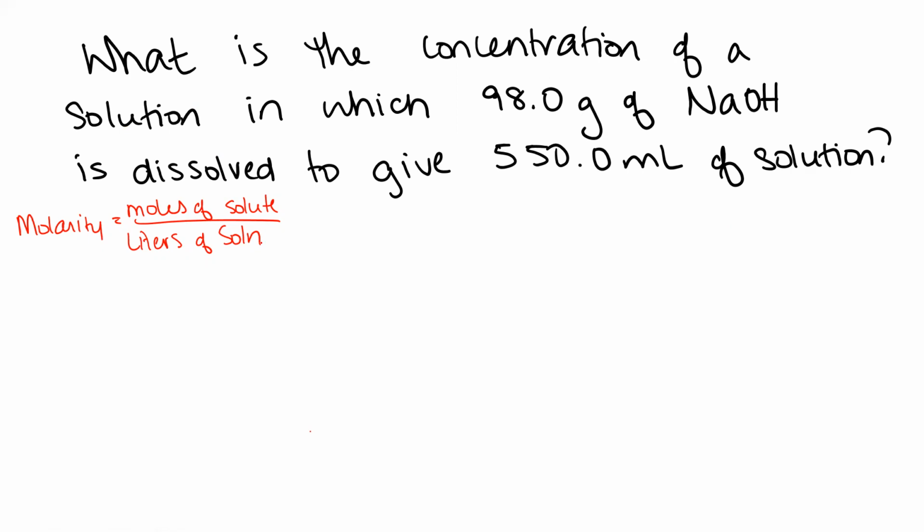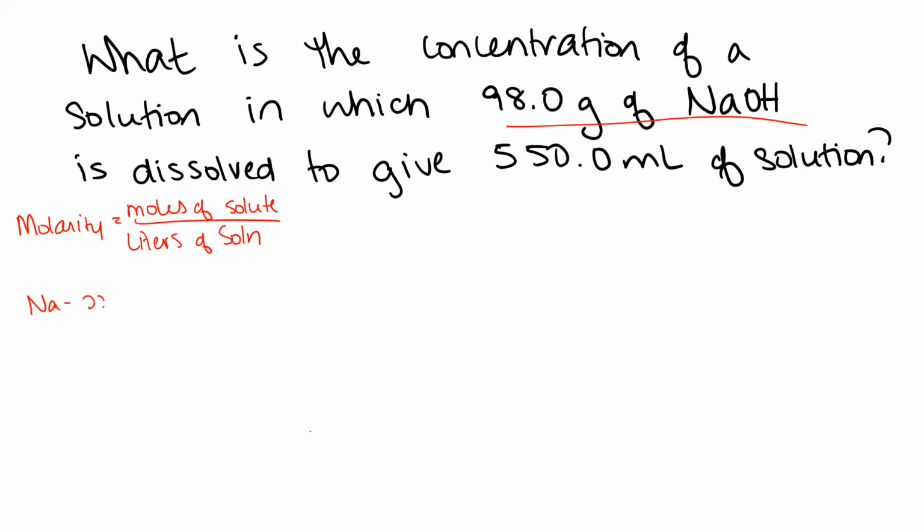So how do we start this? We're going to start with our sodium hydroxide. However, in order to get from grams of sodium hydroxide into moles of sodium hydroxide, we have to calculate its molar mass. So how are we going to do that? Well, pull out a periodic table. You guys have practiced this before.